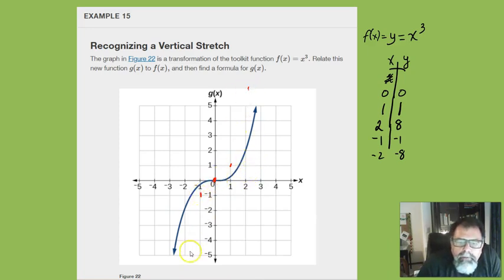-1, 1, 2, -8. So it's way down here somewhere, and then it does this. That goes up to 8. So let's see here. This factor is, where does it hit 1?